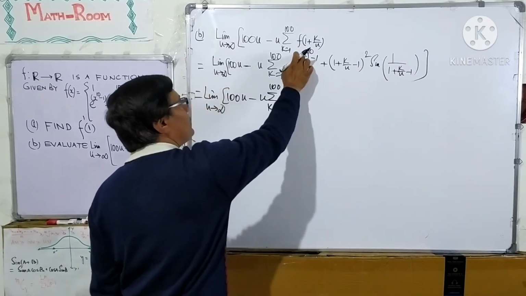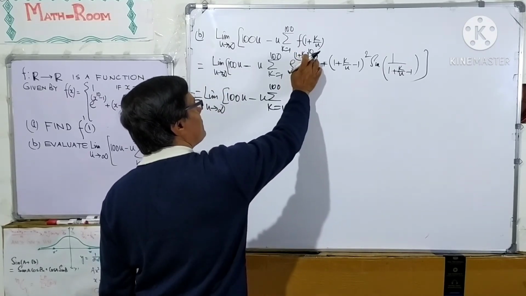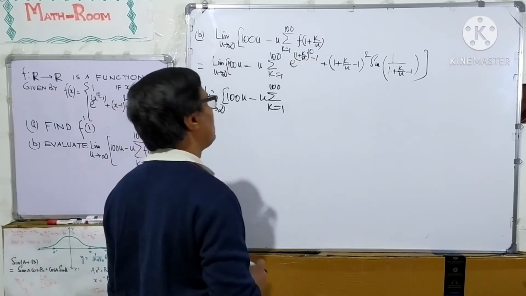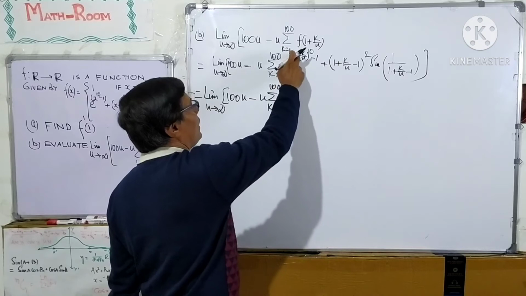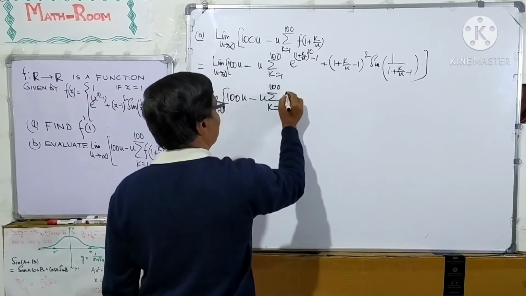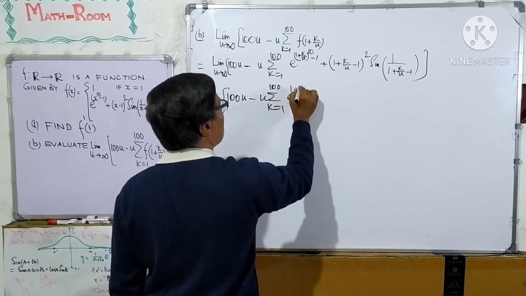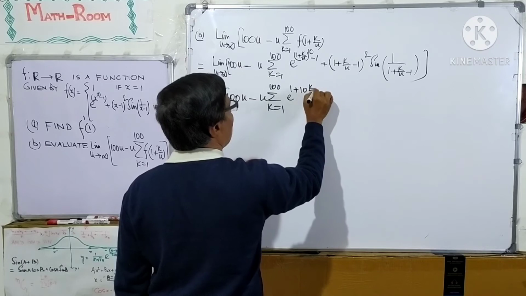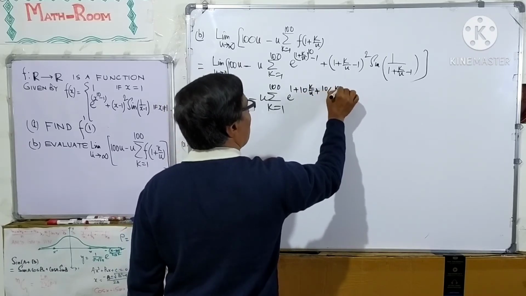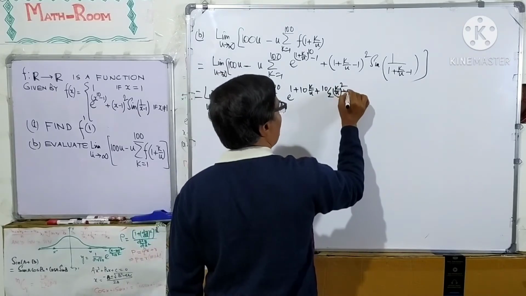We can expand this binomially, that is, we can take the binomial expansion of (1 plus k over u) to the power 10, which is 1 plus 10 k over u plus 10C2 (k over u) square and so on.